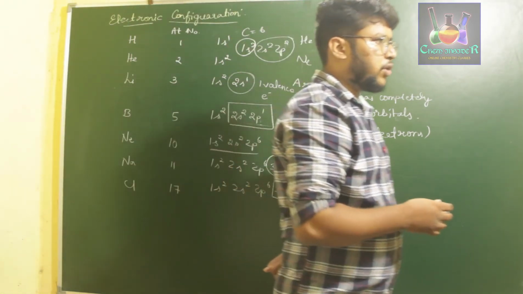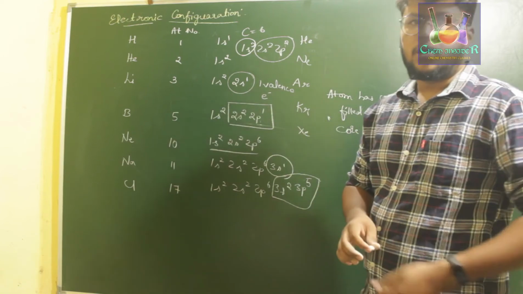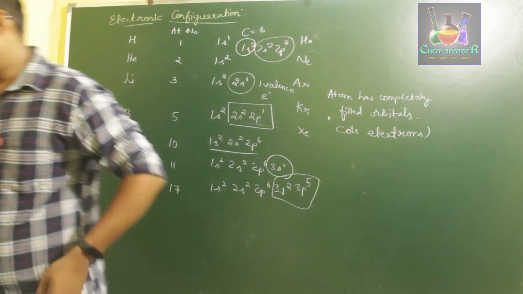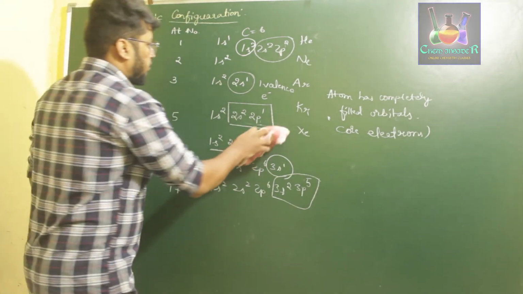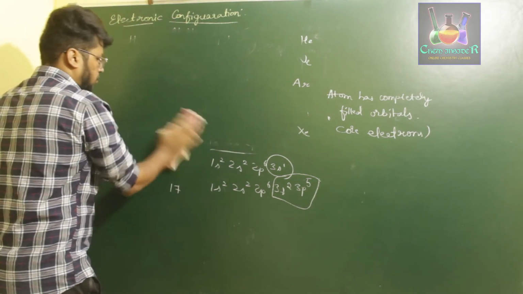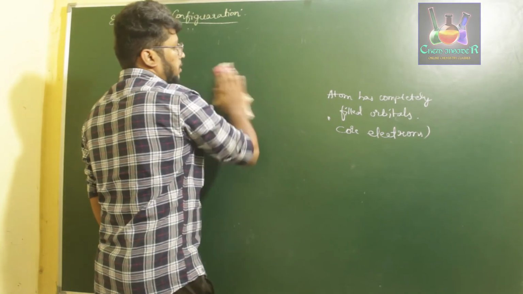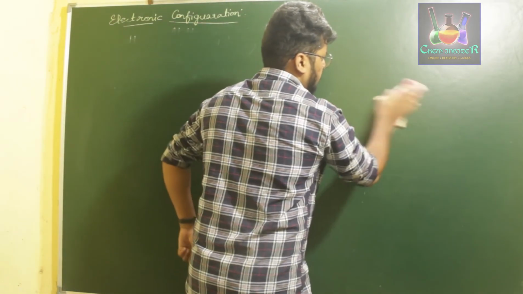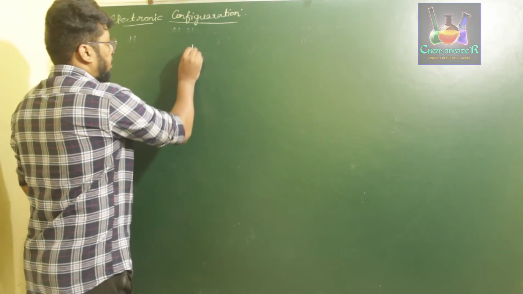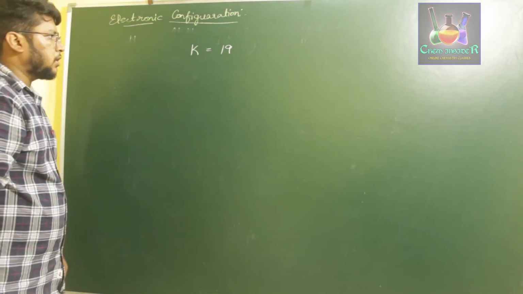Next important point we have to observe is what happens once you come across atomic number 20. After atomic number 20, we observe a particular shift in the orbital the electrons go to. Potassium's atomic number is 19.